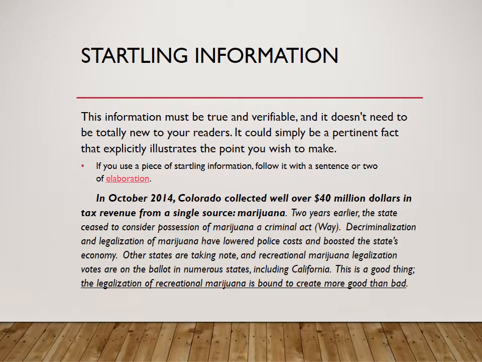In October 2014, Colorado collected well over $40 million in tax revenue from a single source, marijuana. The following sentences offer details on how Colorado could collect this tax revenue, which before 2014 actually did not happen. This information leads to the final sentence, which is the thesis. The legalization of recreational marijuana is bound to create more good than bad.